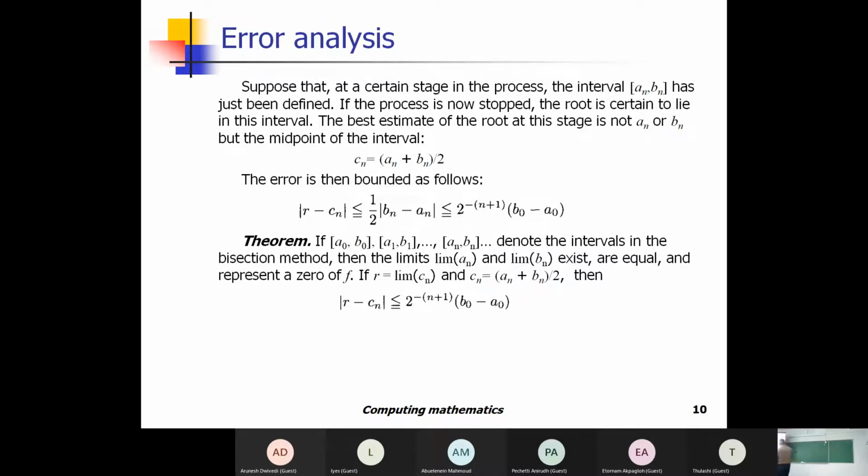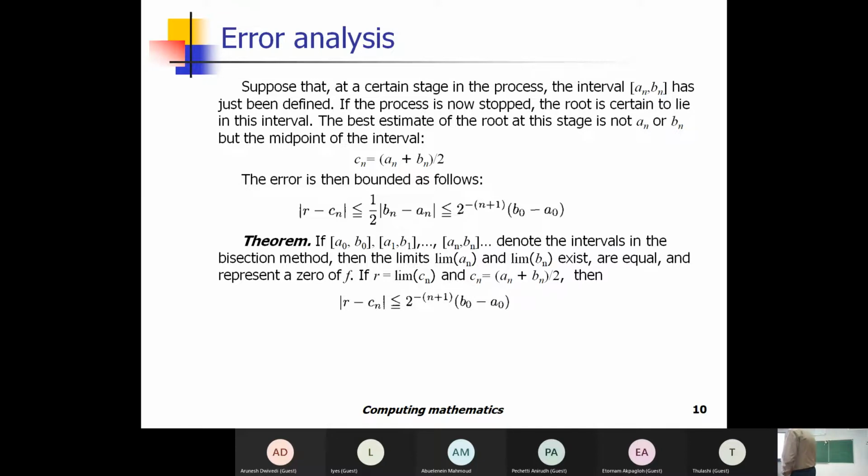And this formula tells us that the error that we get after n steps will be smaller than 2 power minus n plus 1 times b0 minus a0. And all of this is formulated in the form of this theorem.